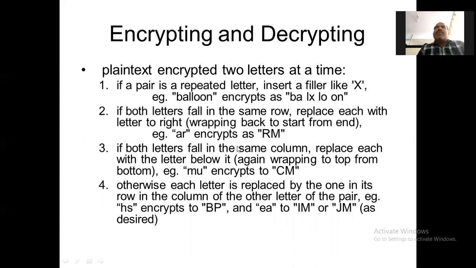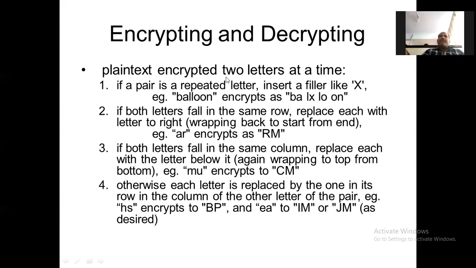So what you have to do here: first of all, we have to construct the 5x5 matrix. For constructing the 5x5 matrix, we need to take one keyword. That keyword we need to write row-wise, and after that we need to insert all the remaining letters here.